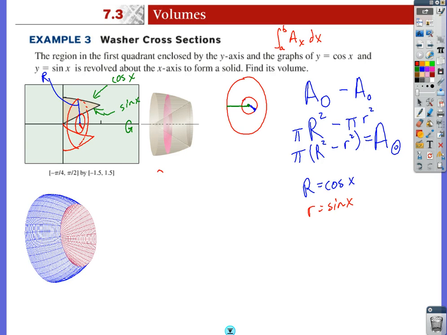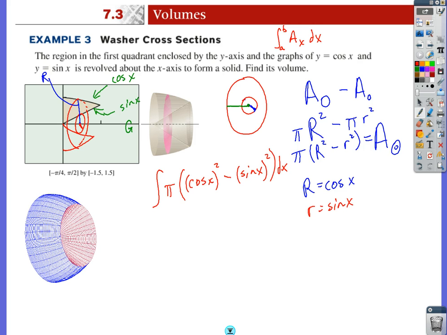So I'm going to start off here with the integral of pi times big R squared, which would be cosine of x squared, minus sine of x squared dx, and it's dx because I'm going around the x-axis.